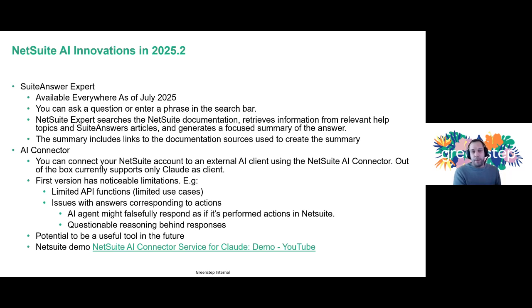If you pop up a question or enter a phrase in the search bar, the expert searches the NetSuite documentation within the Suite Answers, retrieves the information from relevant help topics and articles, and generates a focused summary of the answer. The summary itself also includes links to the documentation sources used to create it. This is a pretty good and huge update to the Suite Answer, and all I can say, remember to use it.